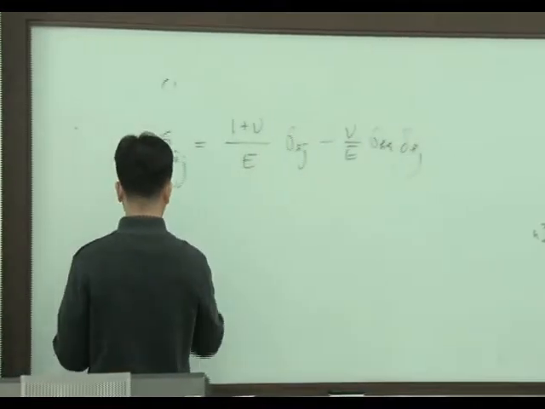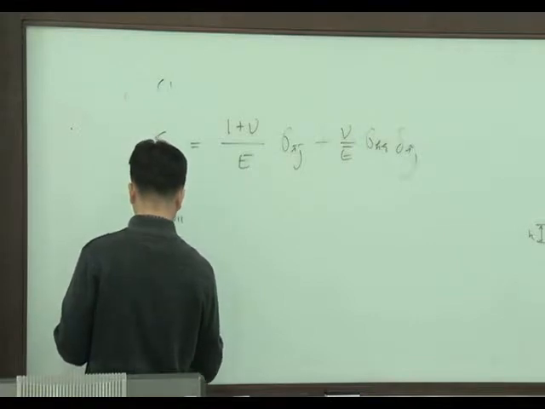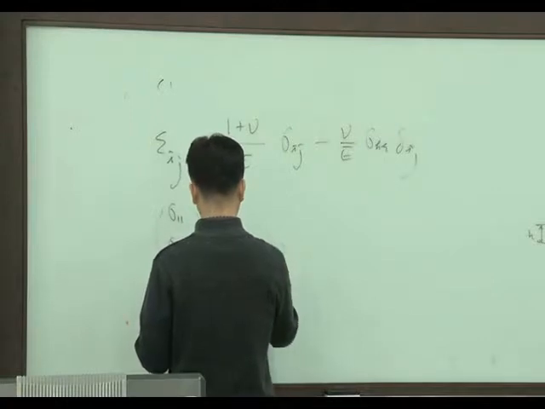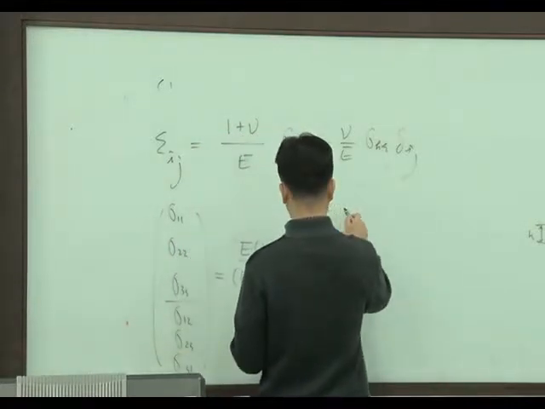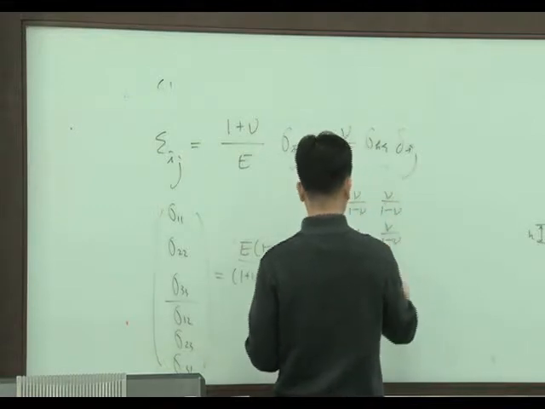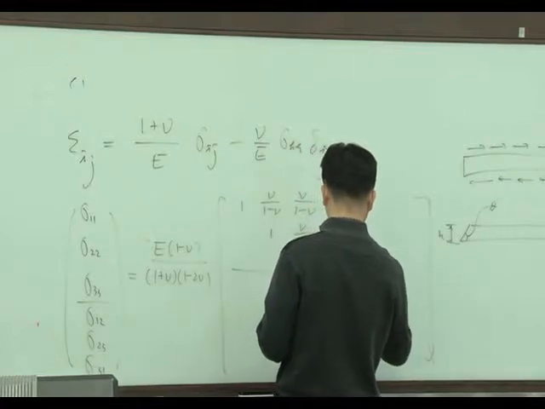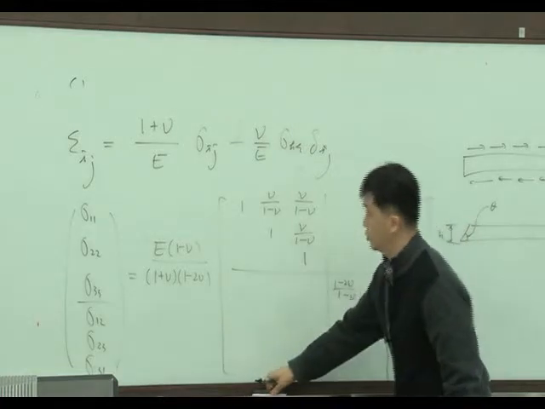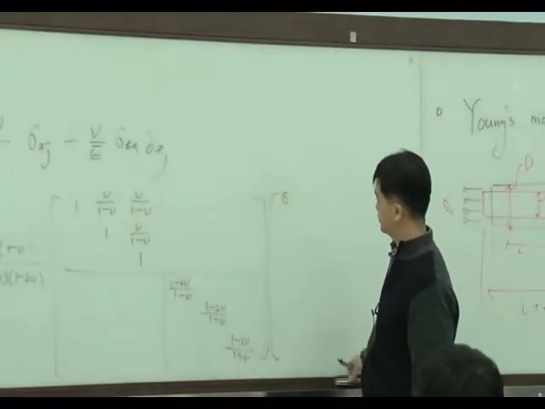So if we use this, we can make a matrix with components 11, 22, 33, 12, 23, 31 with E. This is the material law using Young's modulus and Poisson ratio.